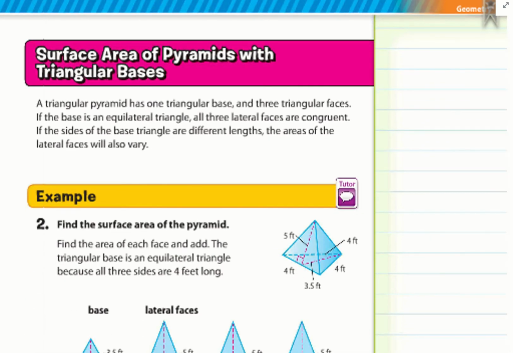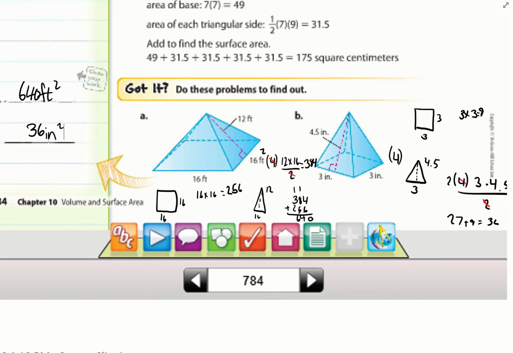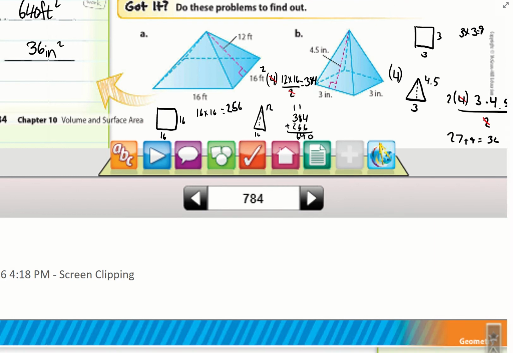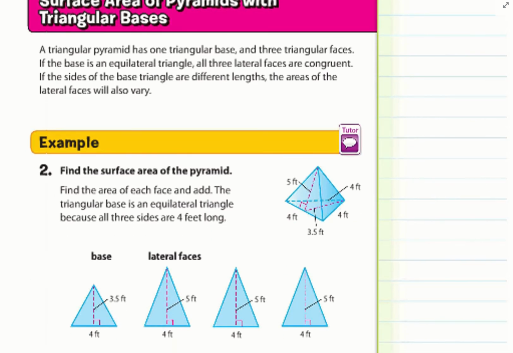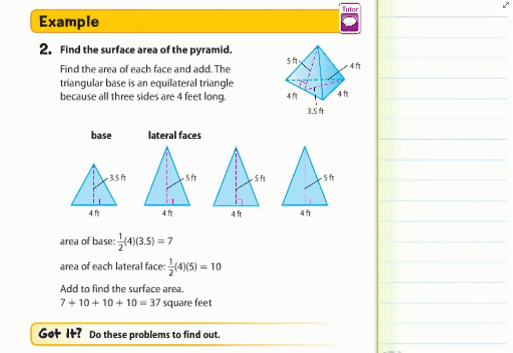Now here's the other type of pyramid. This pyramid had 4 triangular lateral faces with the base of a square. Other pyramids have a base of a triangle. That means I'll have a triangular base with 3 identical lateral faces.